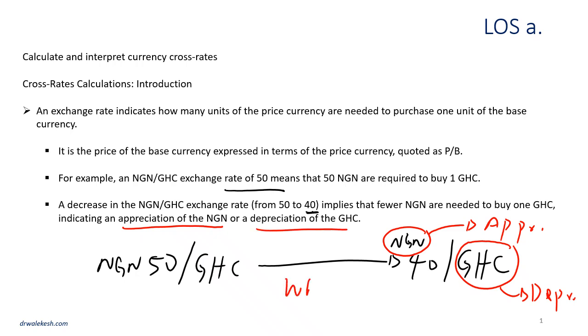The big question here is why. Before now, we needed more units of Nigerian naira to purchase 1 unit of Ghanaian cedis, but now we need fewer Nigerian naira to purchase the same 1 unit of Ghanaian cedis. So that implies that the Nigerian naira has appreciated.